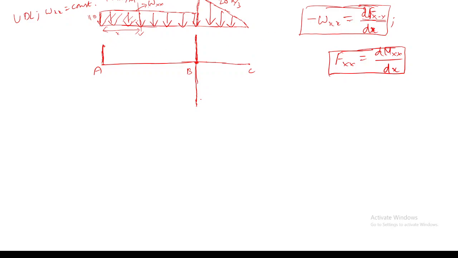So what will be the slope of the shear force diagram? It will be constant, so we are going through a linear line. Is this part clear or not?